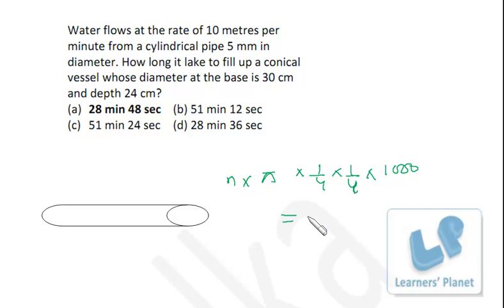And that should be equal to volume of cone. So cone volume is 1 upon 3 pi r square h, whose diameter at the base is 30, so r is 15, into depth 24. Okay, so precisely you have to calculate the value of n.